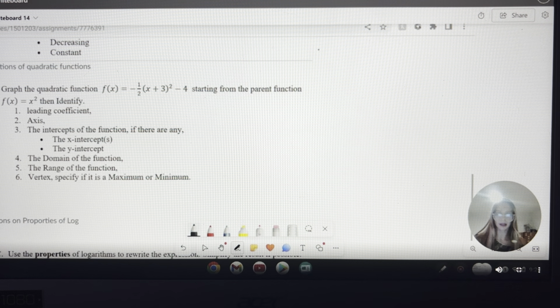Okay, but the leading coefficient would just be negative 1/2.